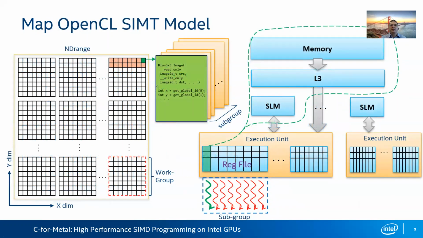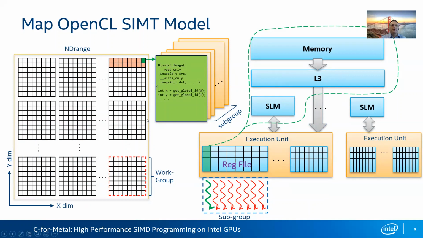Let's see how we map the SIMD programming model on Intel hardware. This picture shows the high-level view of how we map the OpenCL SIMD model. An OpenCL program is a collection of parallel execution of work items. Work items are mapped to an index space called ND range, which can be 1D, 2D, or 3D.